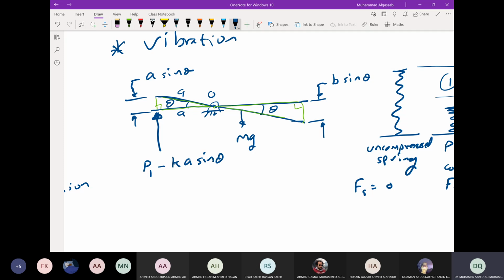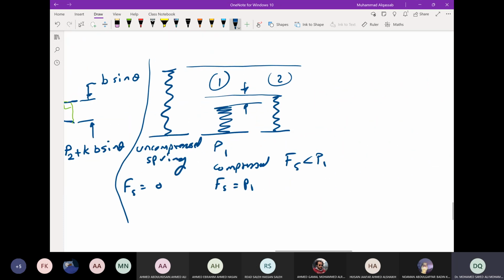The spring on the right end is compressed more, so the force in the spring is more. This is P2 plus K times B sine theta. Okay, so this is the case for spring P1.